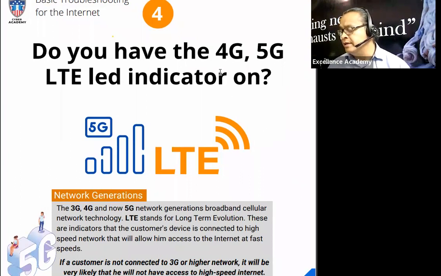If the customer is connected at least to a 3G connection, then he or she will have full internet capabilities. But if the customer is not showing the LTE, 5G, or 3G, then it's pretty likely that the customer is not going to have the full capabilities of the internet. So it's very important to ask.